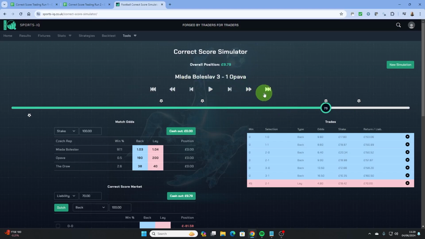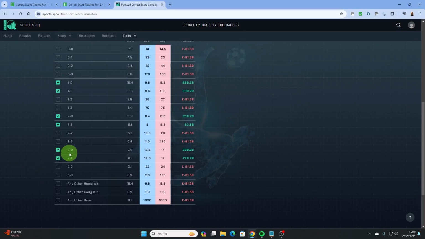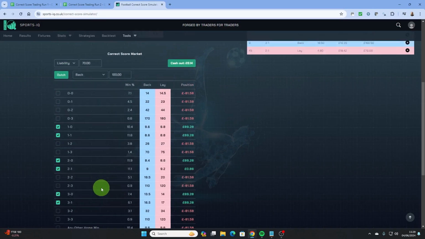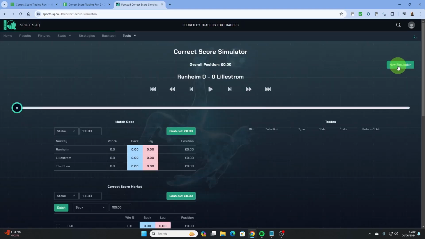Now, as the score ended 4-1, we can look at the 2 most popular score lines, which would have been 8.6 on the 1-1, 8.4 on the 2-0. So it was any other home win. So the BTC strategy would have also lost the full stake on that game.